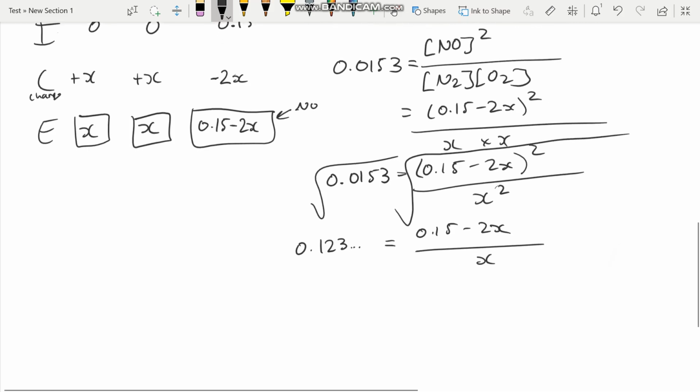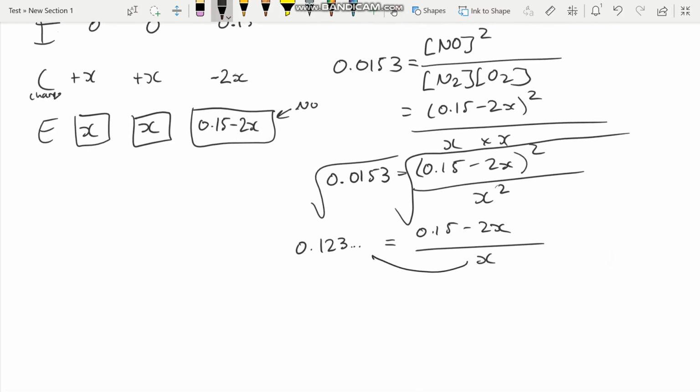From here, it's pretty straightforward solving, so we'll take this x up here: 0.123 dot, dot, dot, x equals 0.15 minus 2x.